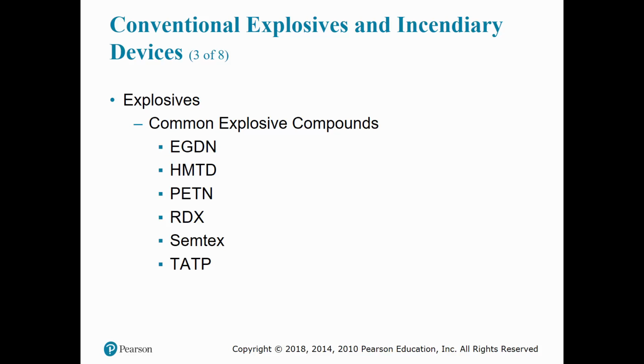RDX, or cyclotrimethylene trinitramine, which is another ingredient for Semtex. Semtex, which is a plastic explosive made of both PETN and RDX. PETN and RDX can be used separately, or they can be put together to create Semtex. TATP is acetone peroxide, which is a primary high explosive and organic peroxide.